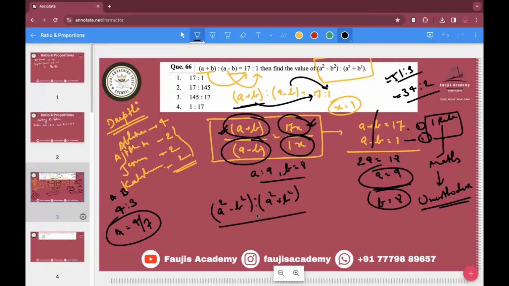This ratio means divide. A square is 81. 81 minus 64 is how much? 17. And 81 plus 64 is how much? 145. So this one is your answer. Right, guys?